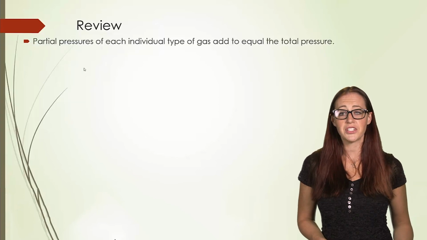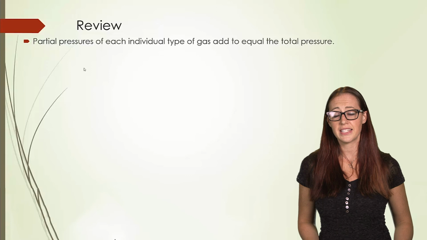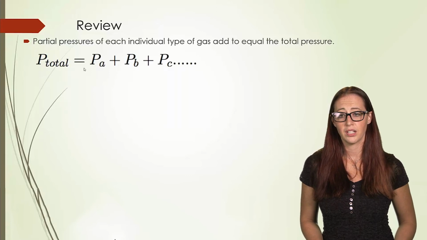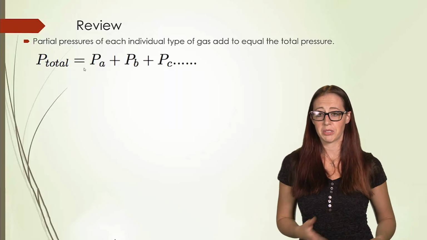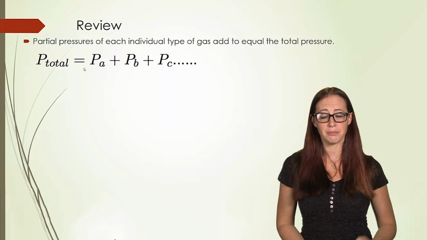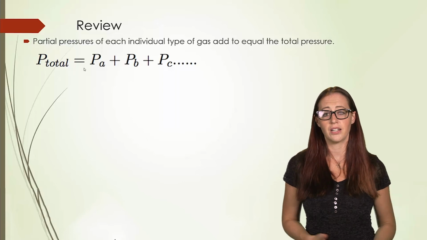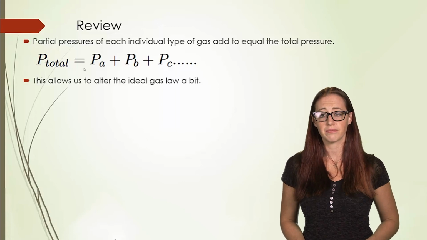Partial pressures of each individual type of gas add to equal the total pressure. Or in other words, the partial pressure of A plus the partial pressure of B plus the partial pressure of C, and so on, will add up to be the total pressure.